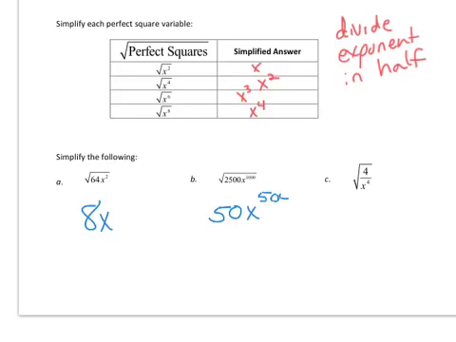You divide it in half. And then for c, when we have a fraction, we can take the square root of the top and the bottom. So the square root of 4 is 2, and the square root of x to the fourth is x squared. So that's the process for taking the square root of perfect squares, whether they are integers, fractions, or variables with even exponents.